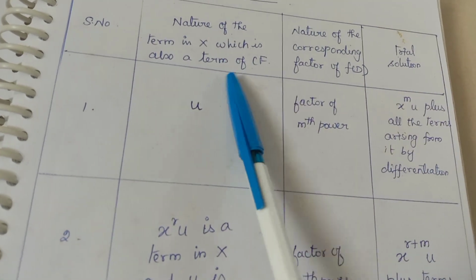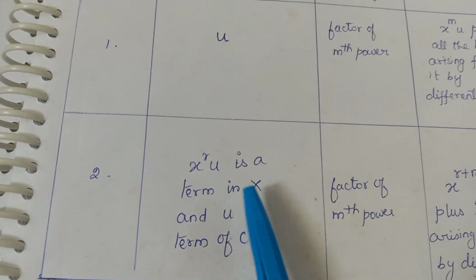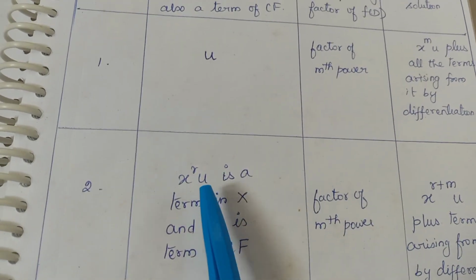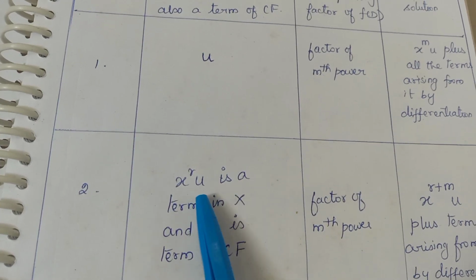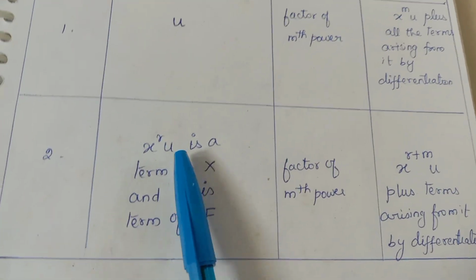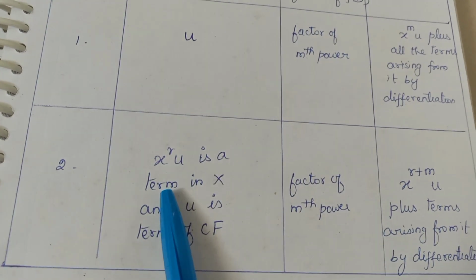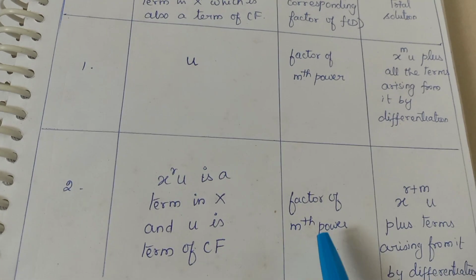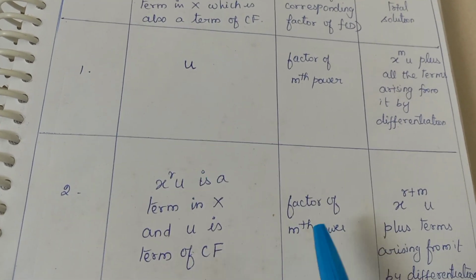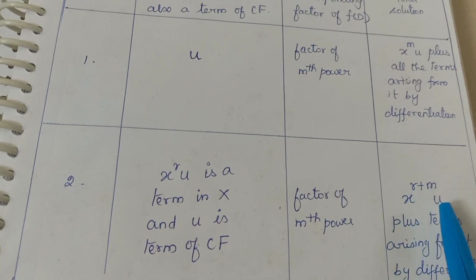Suppose not only u, but x power r into u is there in the right hand side, capital X. u is a repeating factor in the complementary function and the right hand side, but in the right hand side u is not appearing as a single function; it is appearing like x power r into u. In that case, again look at the factor of f of D. If it is of mth power there, then you have to include x power r plus m into u.